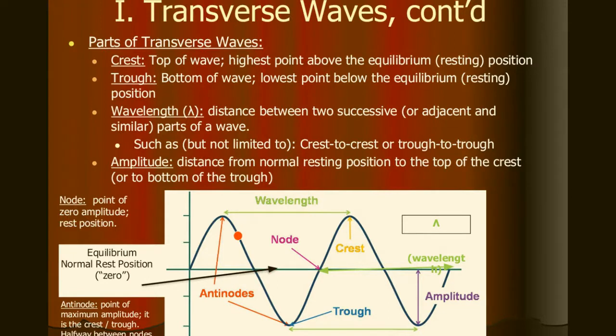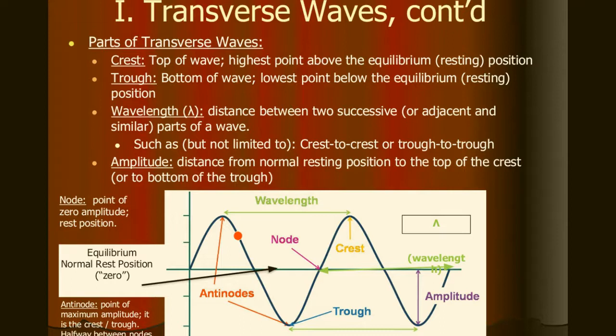Now, as we look at the picture below, there are several different ways you can identify wavelengths. Sometimes you can measure from crest to crest, because from the beginning of the first crest to the beginning of the second crest, that is the same adjacent part. You can also do it from the bottom, with the trough.